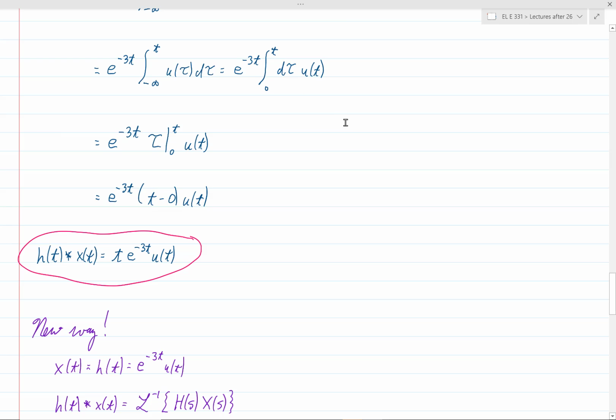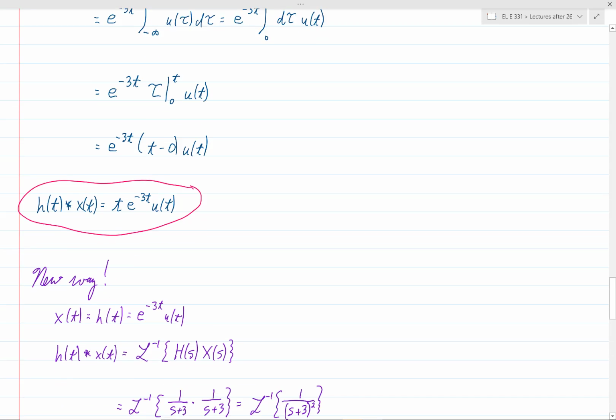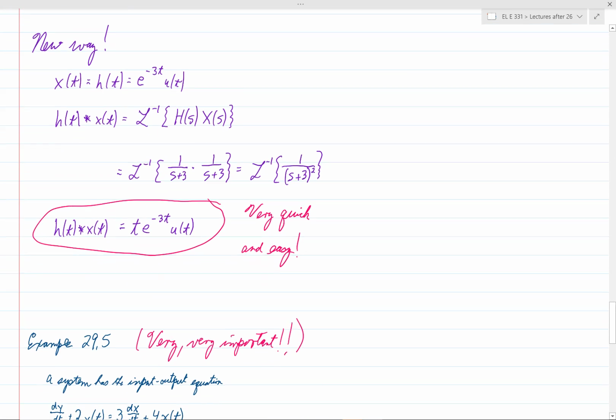So let's now look at a new way of doing this problem, which is so much easier, as you will see. So again, what we want to do is we have x of t and h of t both equal to e to the minus 3t u of t. We want to know the convolution of those two.